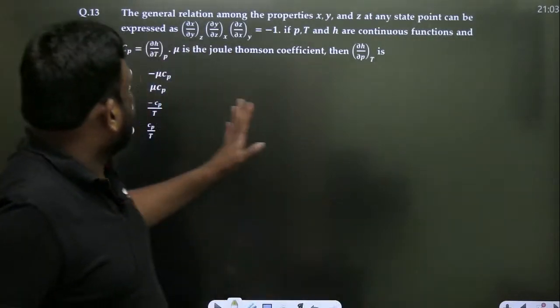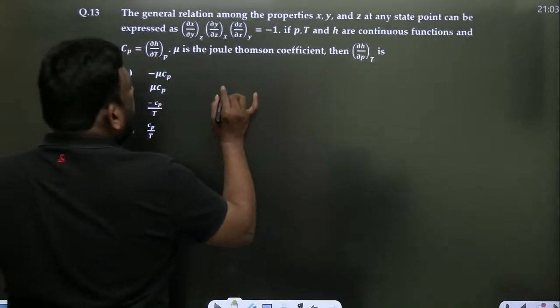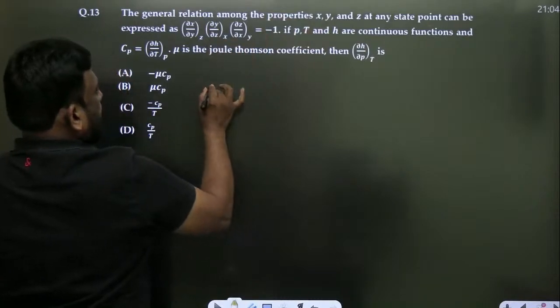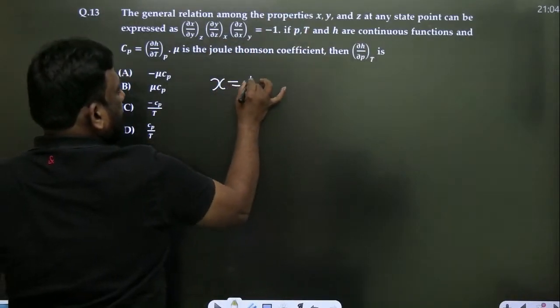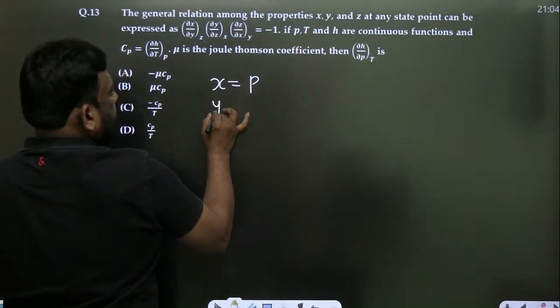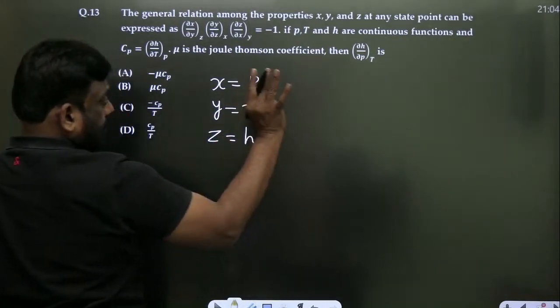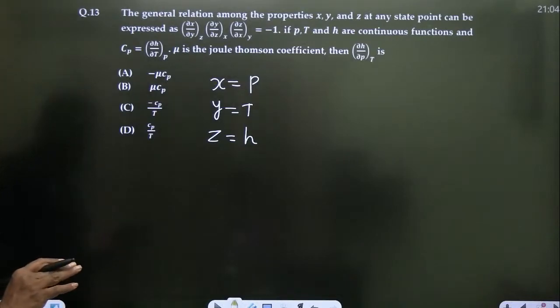Shall we proceed? Take this question. Look, you know my dear students, P, T, H are continuous functions. So x is equal to p, y is equal to t, z is equal to h. Listen carefully, sir. It's a good question, sir.